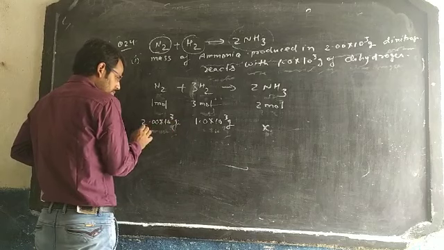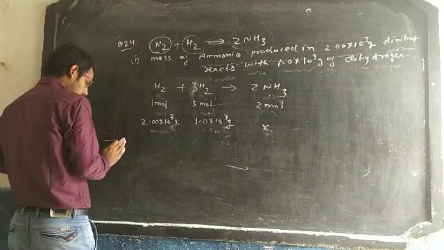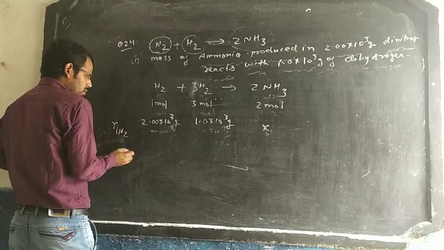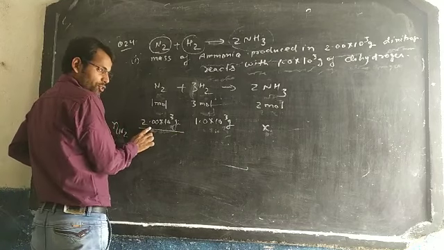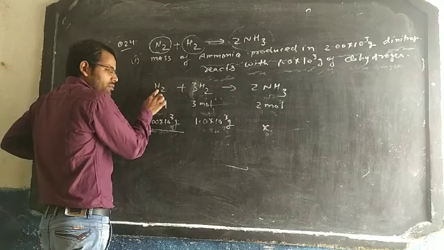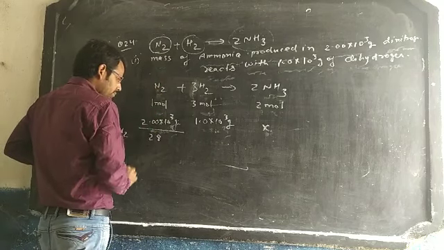The number of moles of N2 equals 2.00 into 10 to the power 3 gram divided by the mass of nitrogen, 28.